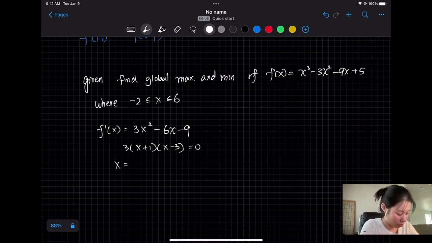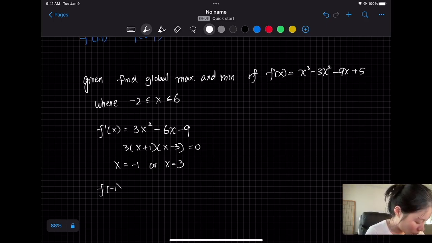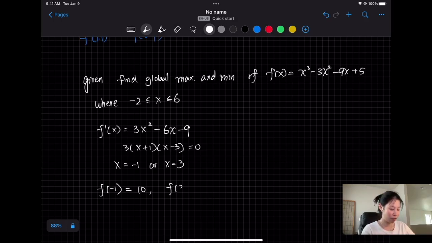So I have x equals -1 or x equals 3. So these are going to be your critical numbers. And now we need to find the critical points by substituting -1 into the function. This is equal to 10, and then f of 3, you substitute 3 into the function, I have -22. So that means I have (-1, 10) and (3, -22).